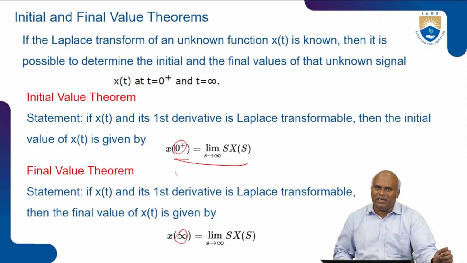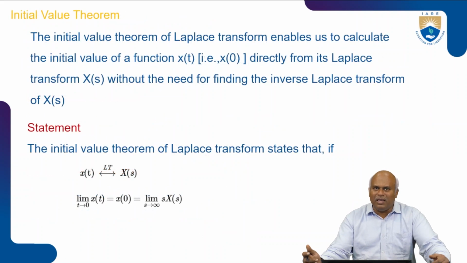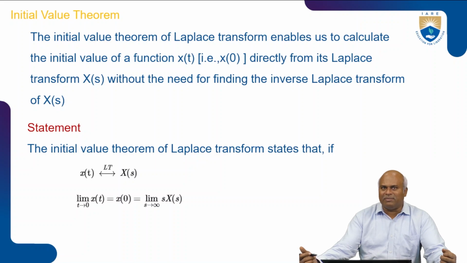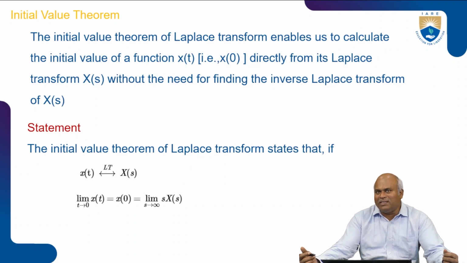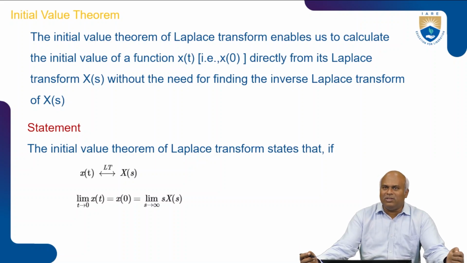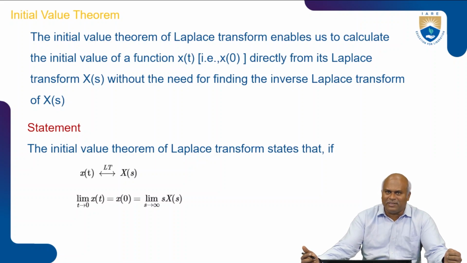Then we need to prove the initial as well as the final value theorem of the Laplace transform. First we go for the initial value theorem. The initial value theorem of the Laplace transform enables us to calculate the initial value of the signal x of t, that is x of 0, directly from its Laplace transform x of s, without the need for finding the inverse Laplace transform of x of s.